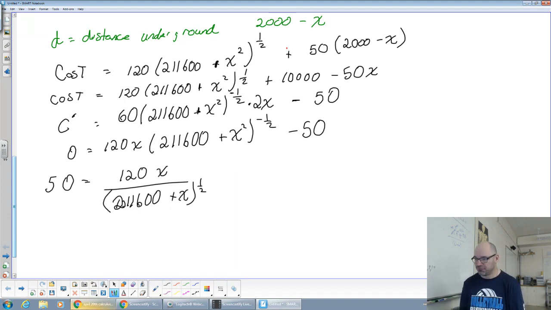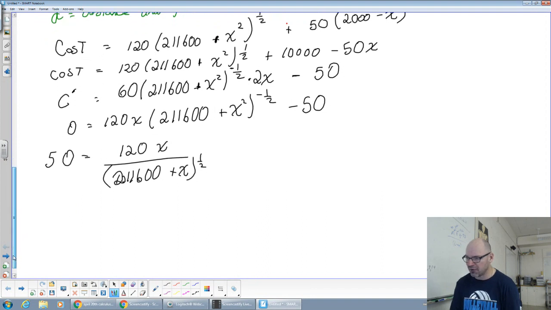Now we have to solve for x. And you're like, oh no, what do I do to solve for x? Well, this is where we cross multiply our equation. We're going to consider this like 50 over 1, and then cross multiply it like this.